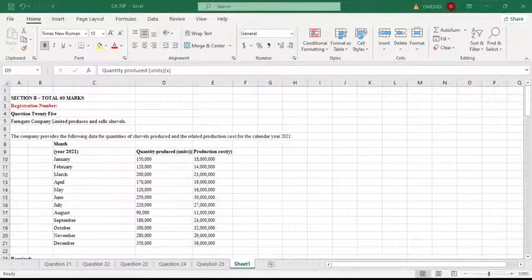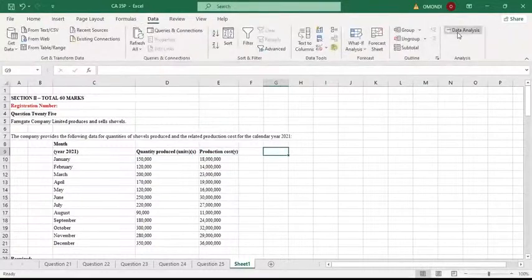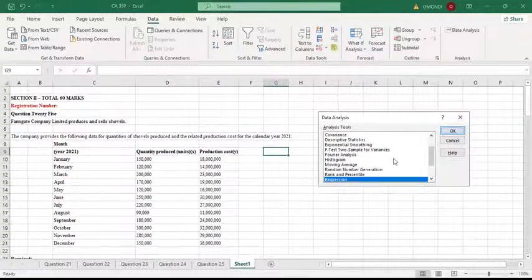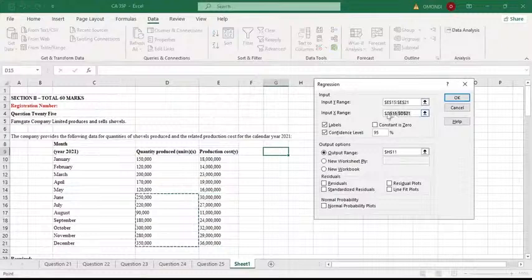Whatever I am going to get is this. So I have to now go to data analysis, regression. Okay. Let me do away with those settings.